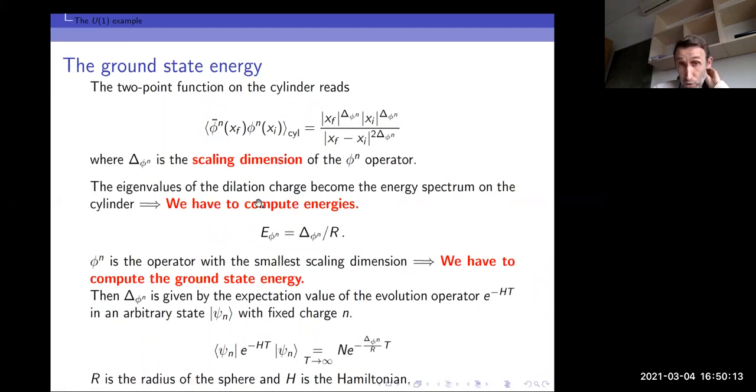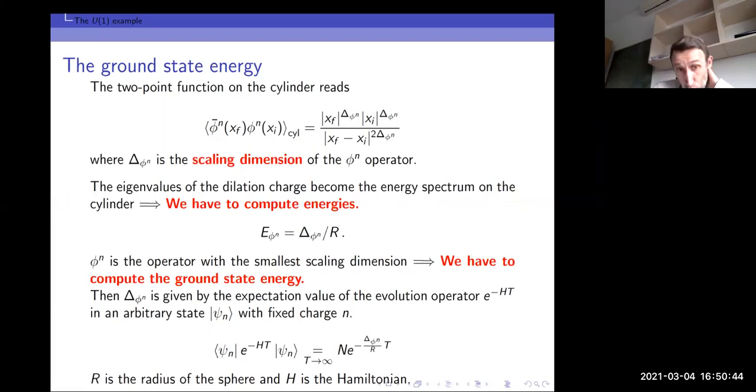As I already said, we are going to compute the energies, and delta, which are conformal dimensions, relate to the energies of this expression. An important point also is that we will be looking for the scaling dimension of the operator. We'll be looking for the operator with the smallest scaling dimension.